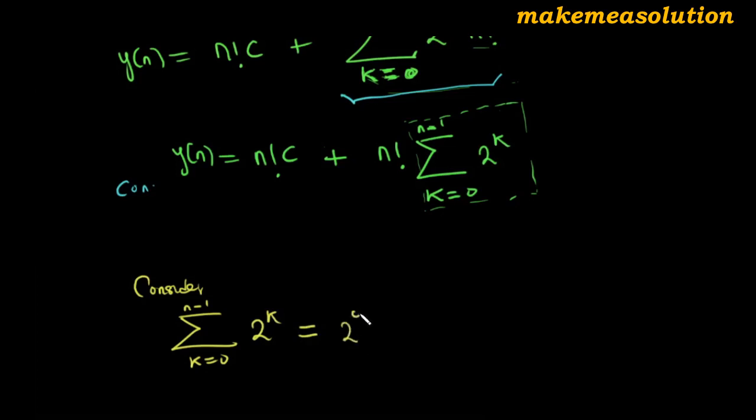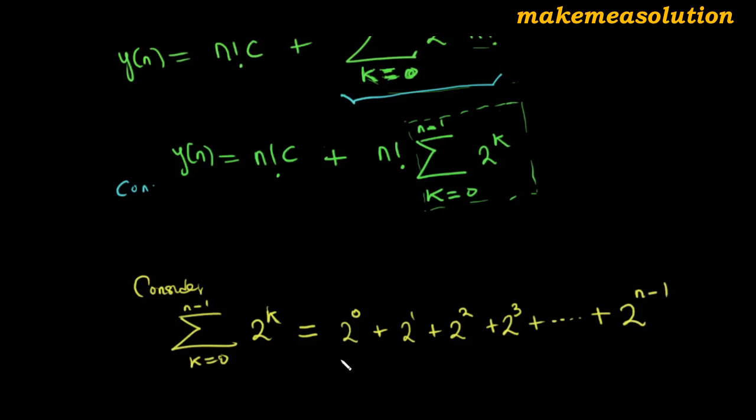We have 2 raised to the power of 0, plus 2 raised to the power of 1, plus 2 raised to the power of 2, with k increasing by 1 each time, plus 2 raised to the power of 3, plus dot dot dot, plus. The last term is when k is equal to n minus 1, so we'll have 2 raised to the power of n minus 1.